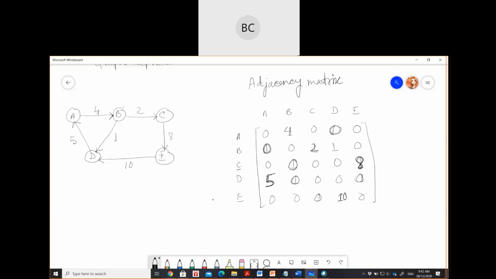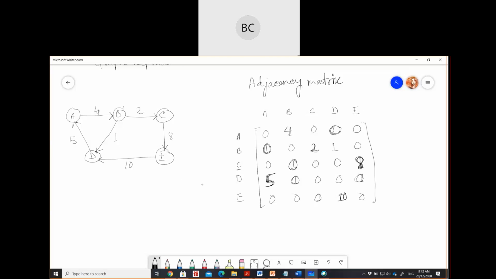So the only difference is: for undirected, write for both the nodes. For directed, only consider the outgoing edges, and for weighted graph, instead of 1, you are just going to write the cost or the weight for that particular edge. Okay, so this is one type of representation.